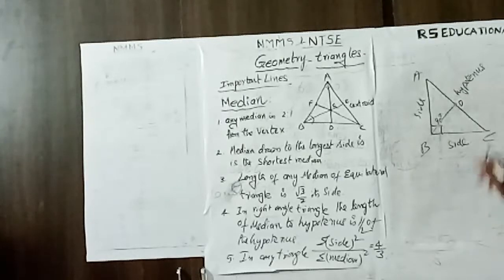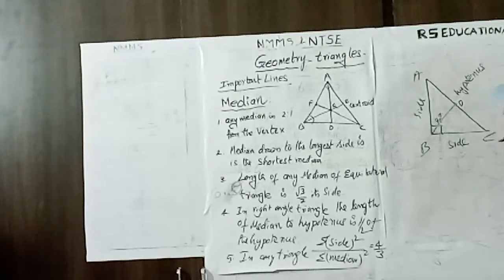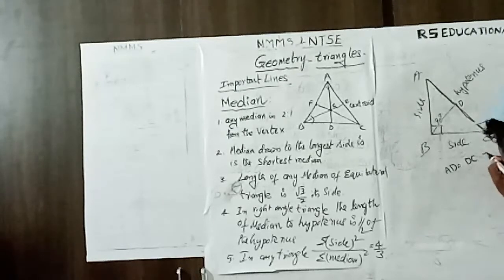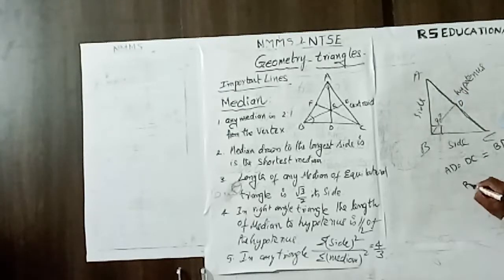So in a right angle triangle, the length of this median BD is equal to half of its hypotenuse. AD and DC are equal, AD is equal to DC, that is equal to BD, or BD is equal to half into AC.